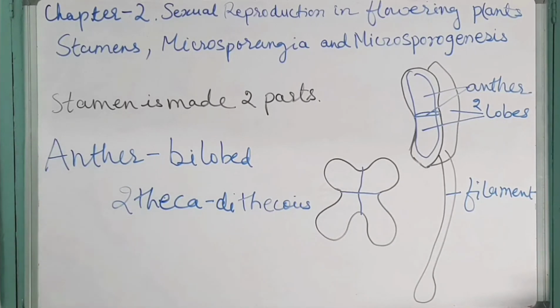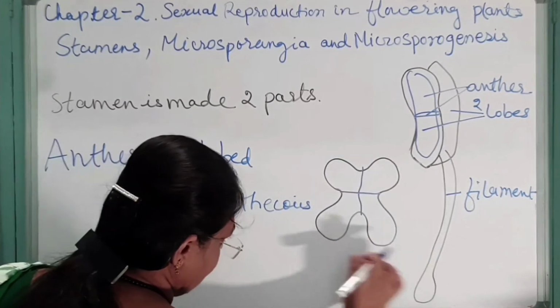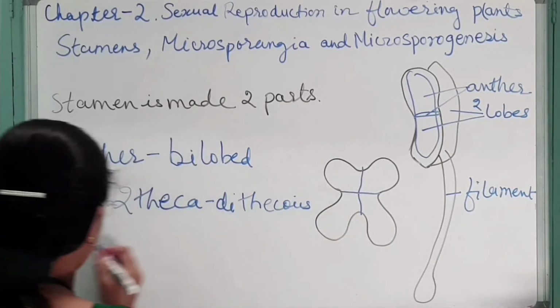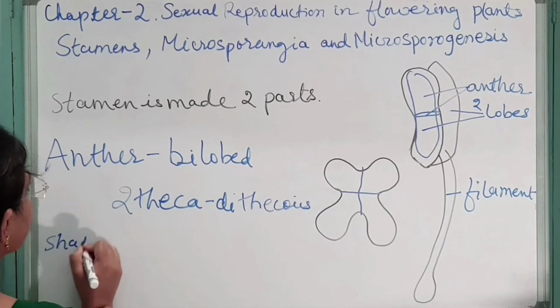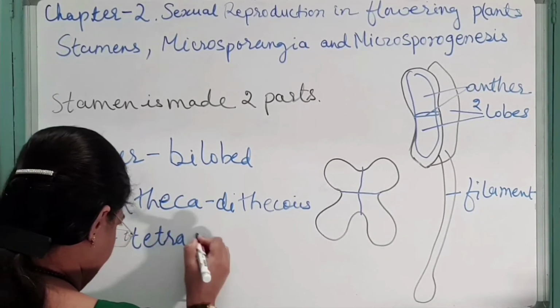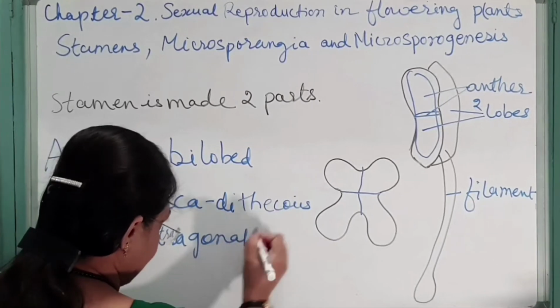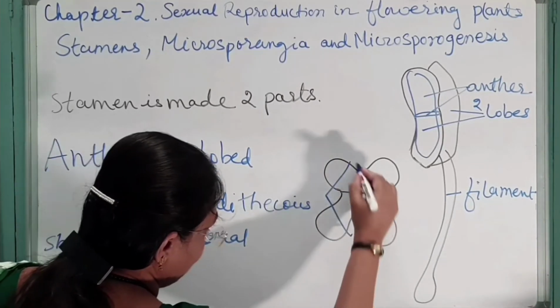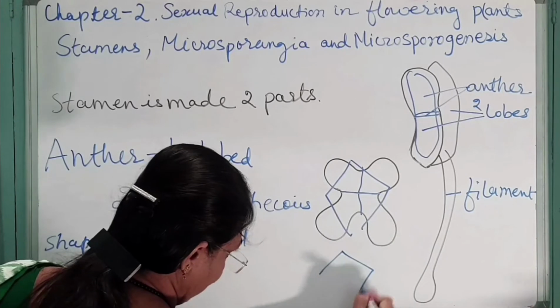The shape of the anther is tetragonal, means it is having four sides. You can see this is a tetragonal shape.